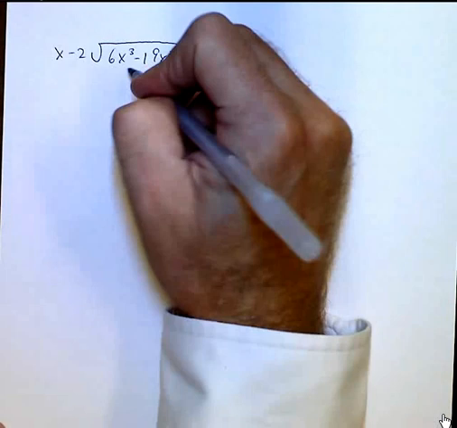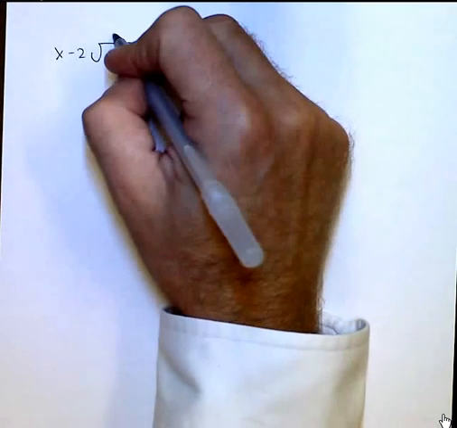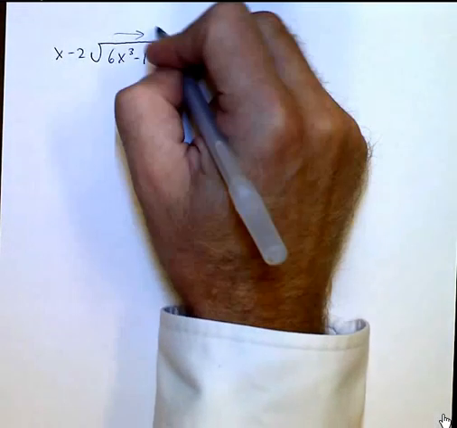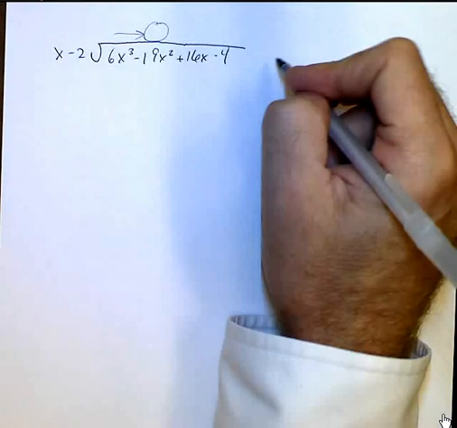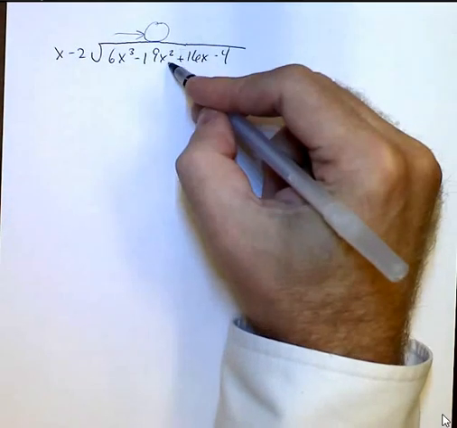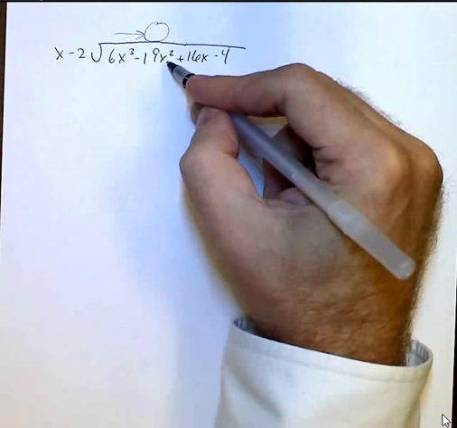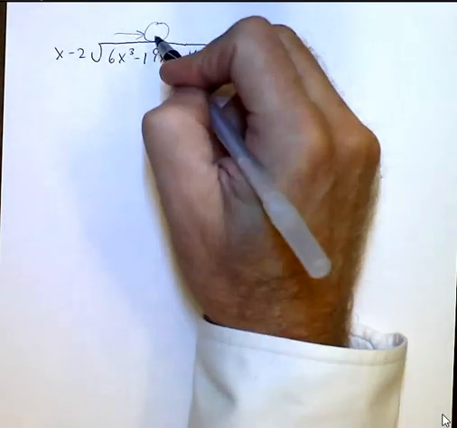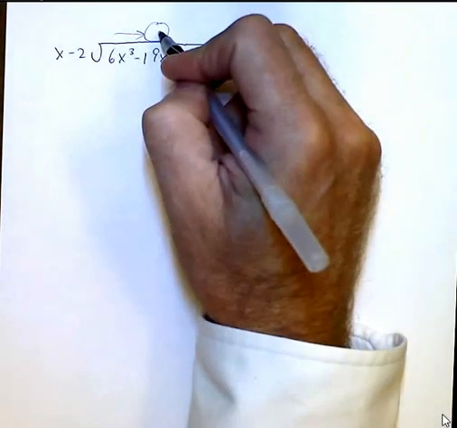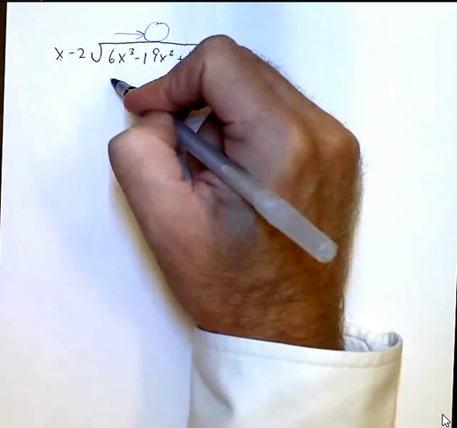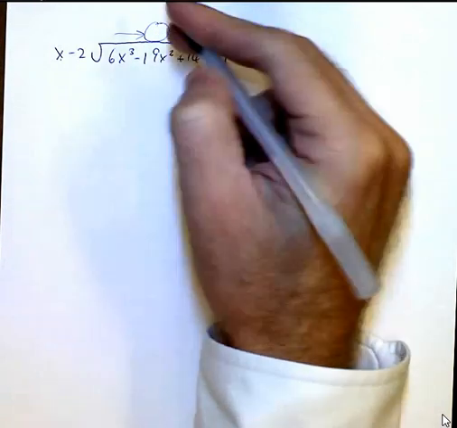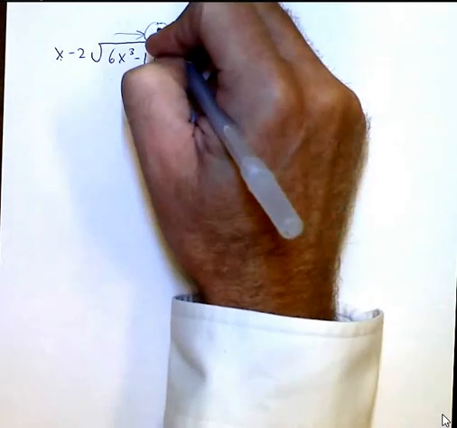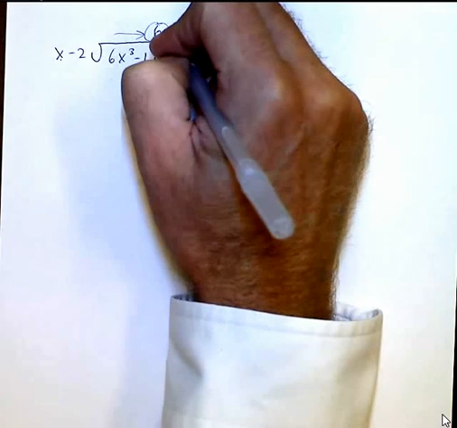There's a cubic. We always start our division one place in. We're going to put our first digit here. We're not putting it above the cubic, we're going to put it up above the square. And the first thing you have to do is figure out, what do I put here such that when I multiply it by x, I get 6x cubed? And the answer is basically 6x squared.